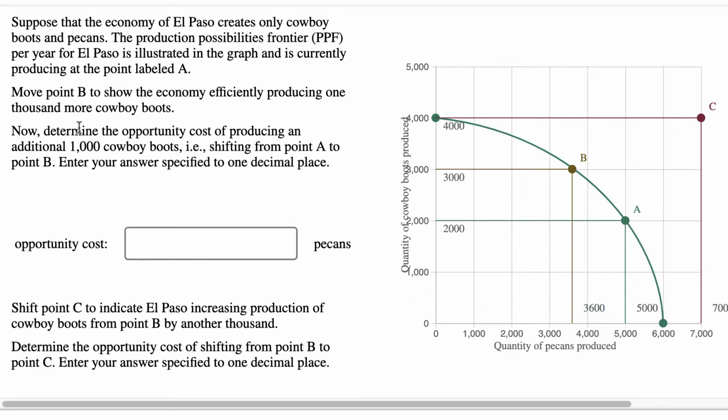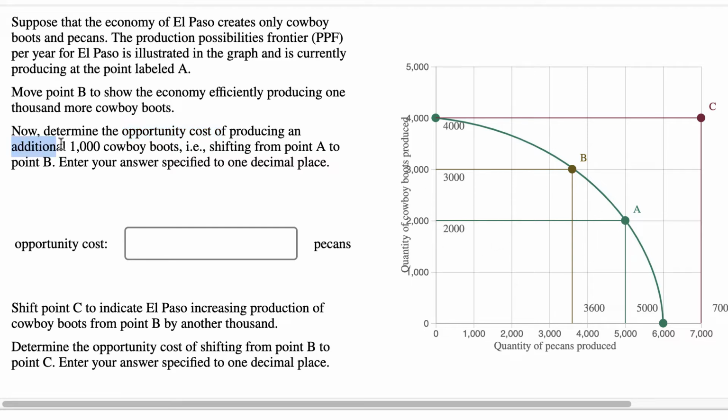It says now determine the opportunity cost of producing an additional 1,000 cowboy boots, that is, shifting from point A to point B. So we move from here, point A, to point B. Enter your answer specified to one decimal place. Well, that's easy. There's no decimals really here. From here to here, we go up 1,000.